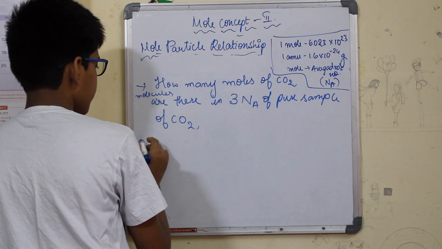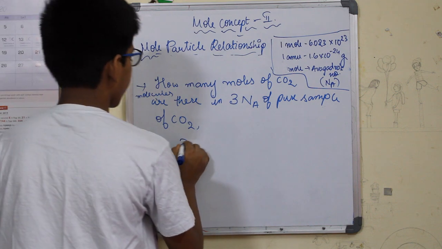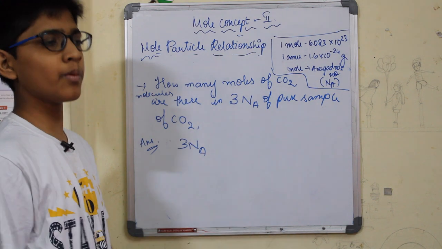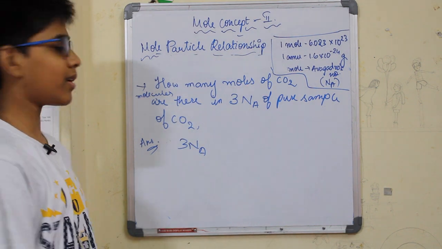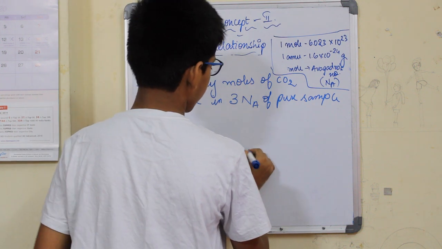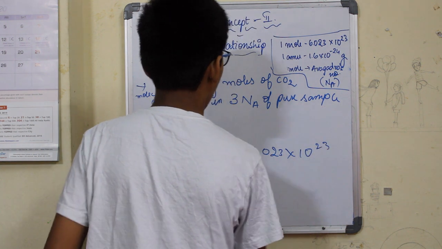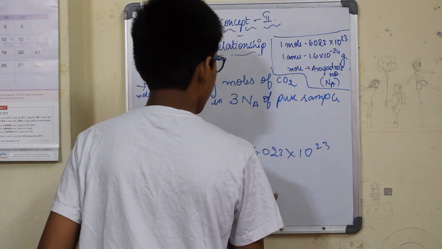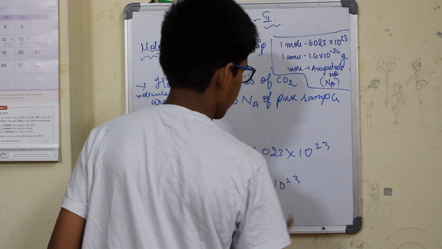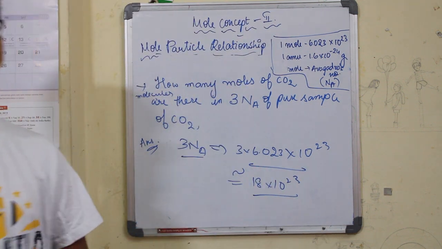The very simple answer. What is the answer? The answer is 3Na only. If I have 3 kgs of rice, how much rice do I have? 3 kgs only, right? So in the same way, very simple, 3Na, which is nothing but 3 into 6.023 into 10 power 23. Approximately it is 18 into 10 power 23. We have to choose our correct answer by the options.